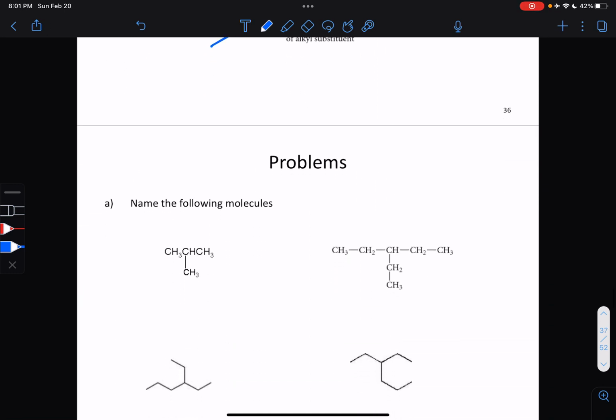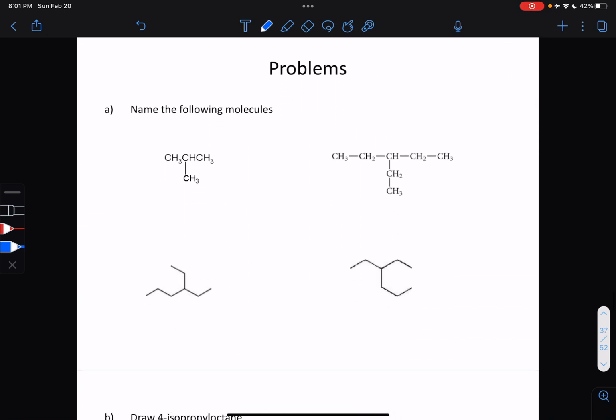Alrighty, let's get to some problems. So let's do the top left. Now the first thing we have to do is identify the longest continuous chain. Most of the time we're going to try left to right first and see if that works. So we've got 1, 2, 3. Okay, so we've got a propane there. So let's see if anything else is longer. 1, 2, 3.